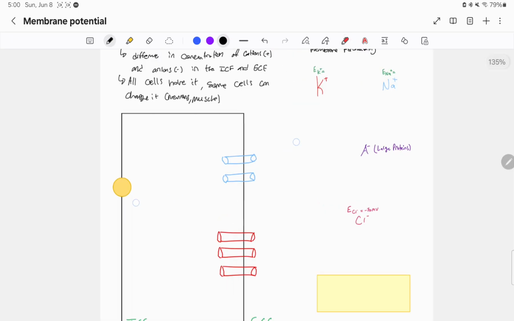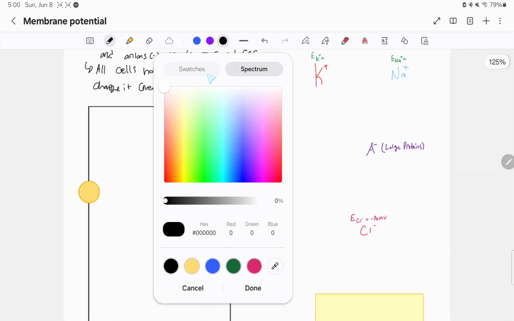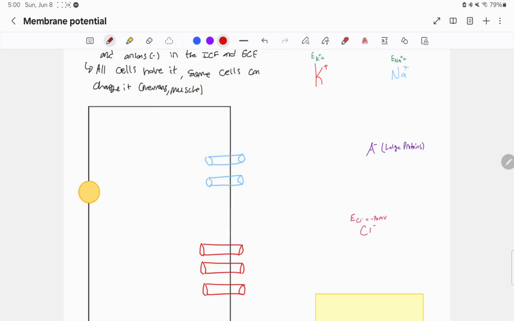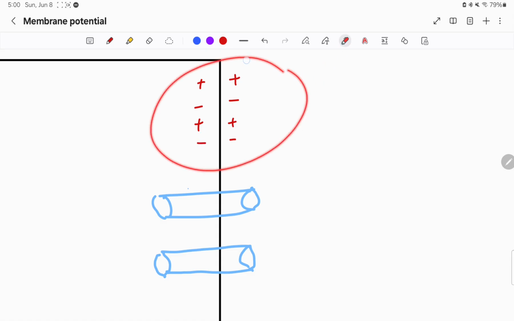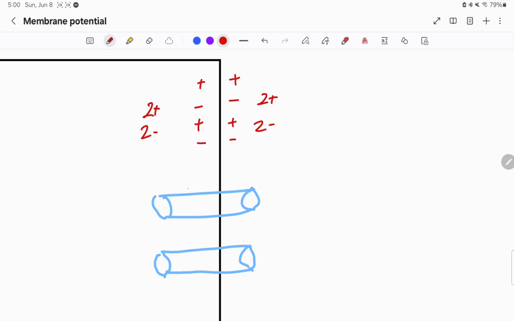But first, let me make sure you all understand what a potential actually is. Let's say I have one positive charge, one negative, one positive, one negative, and another positive, negative, positive, negative. Does a membrane potential exist here? The answer would be no, because I have two positive charges and two negative charges here, and two positive and two negative here.